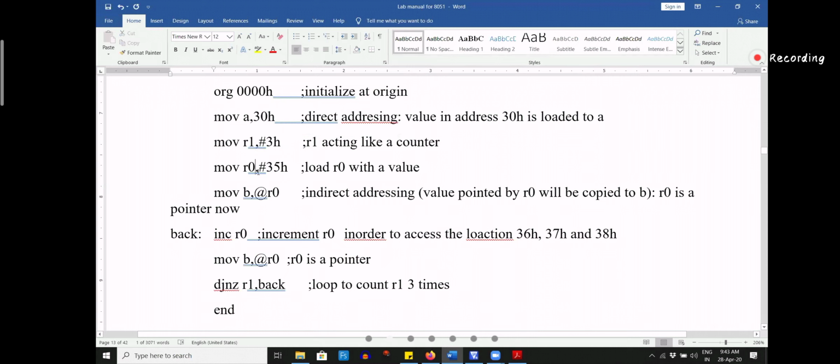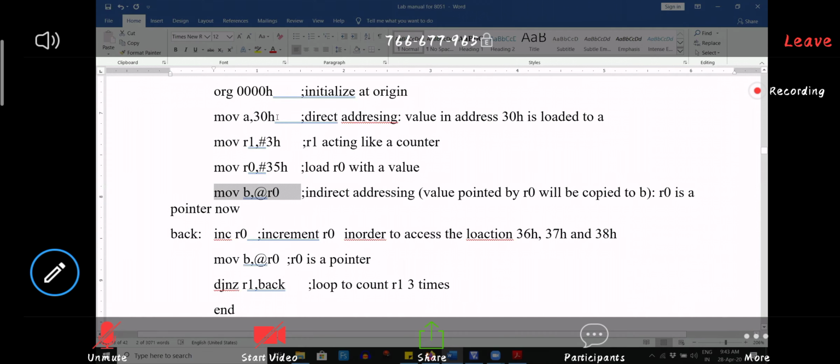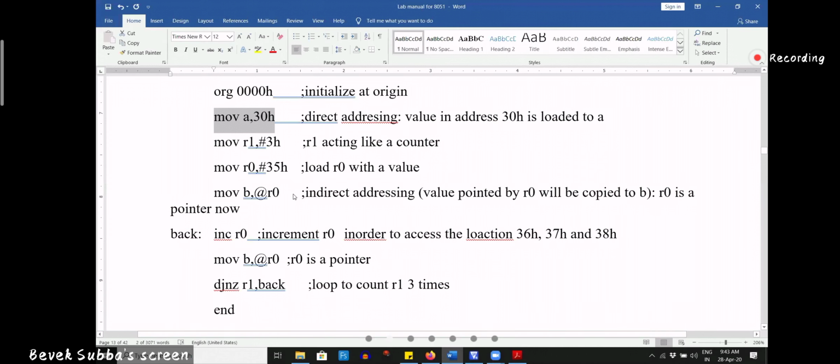Next, this is a value you want to load, that is MOV R0, #35H. 35H is the value that you want to load in R0. Now MOV B, @R0. The earlier one was direct addressing. This is your indirect addressing.